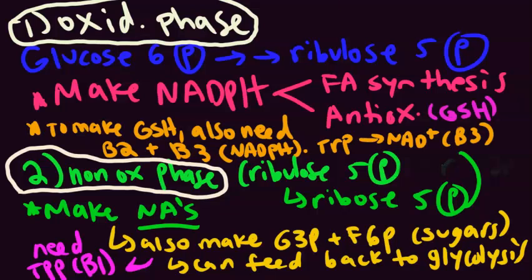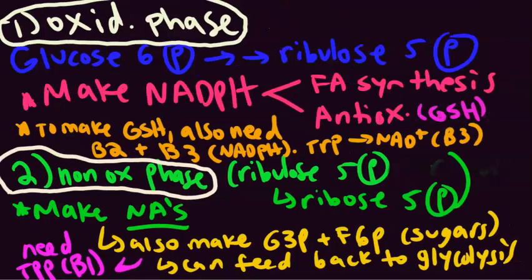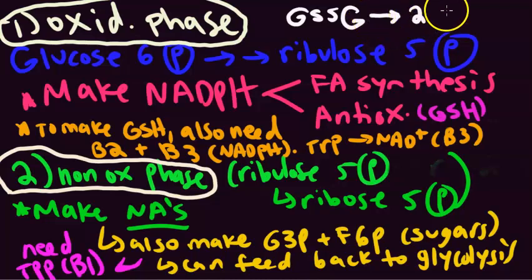Actually, let me draw a picture so this is clear. So what this NADPH does, so let me draw a picture to make this pretty clear. So what happens is that the GSSG, the oxidized form, is converted into the reduced form, into 2 GSH.